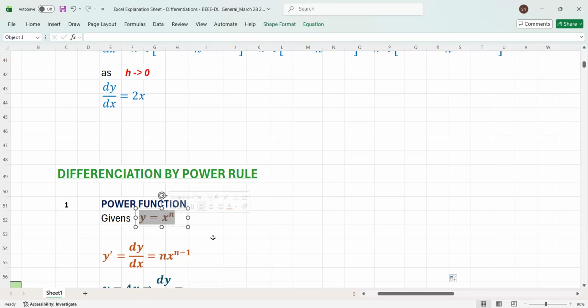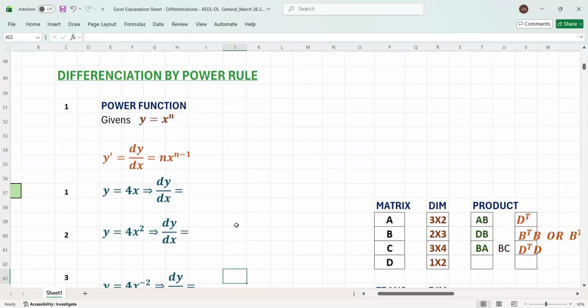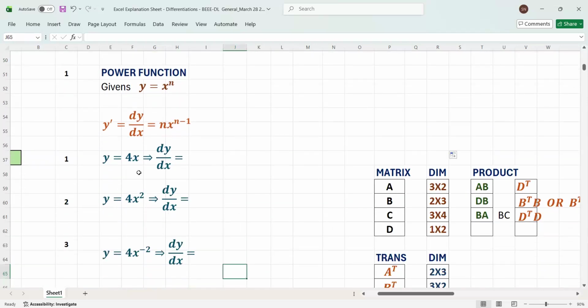Using the power rule, you let the power n come to multiply the function, and then you subtract 1 from the power. So if I have x squared, it becomes 2 times x, and the power becomes 2 minus 1. Okay, so let's take an example like this.